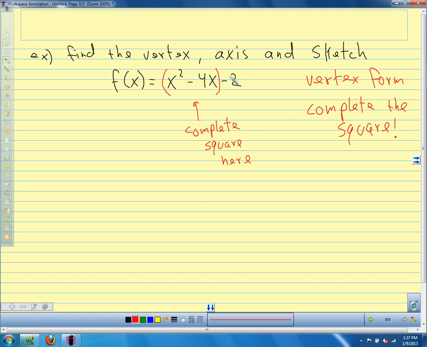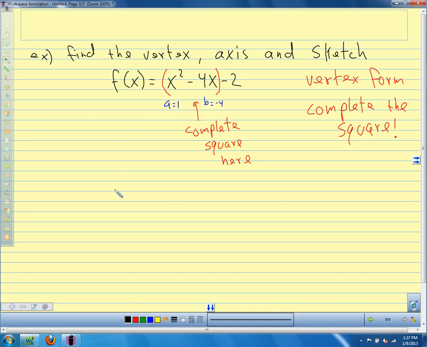So I'm not going to worry about this part right now. I'm going to write on this part, a equals 1, so we don't have to worry about the a. And b equals negative 4. Just on this part.